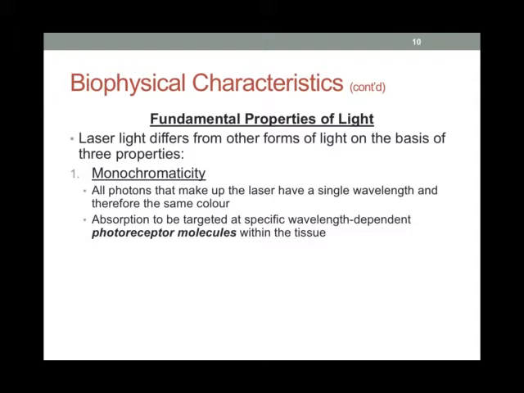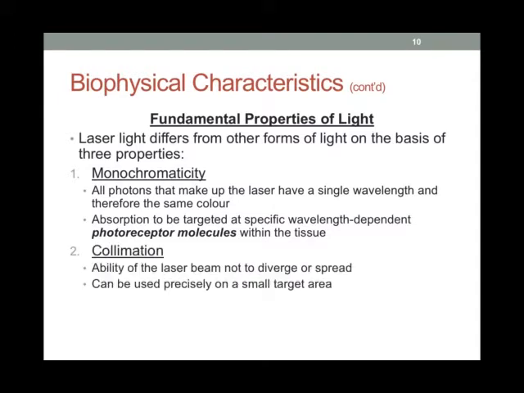So monochromatic, one color, and it's one color because all the photons are of the same wavelength. And what that means is we can target specific receptors in the tissues that we're trying to treat. And those receptors are photoreceptor molecules that are sensitive to that specific wavelength that we're using.